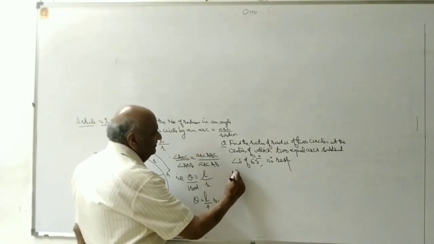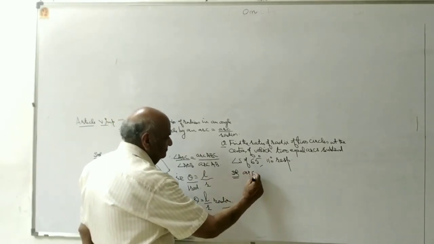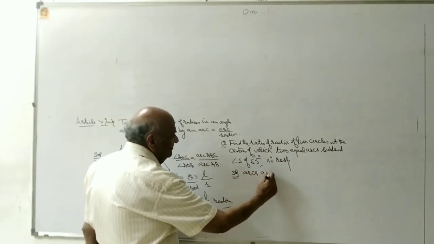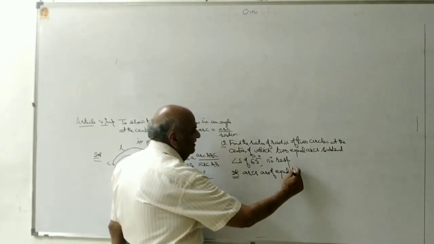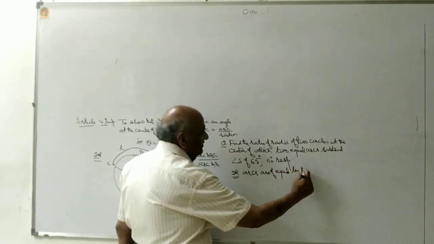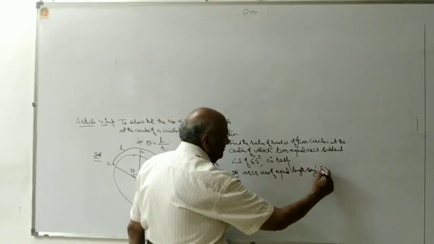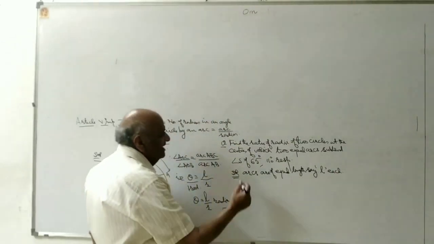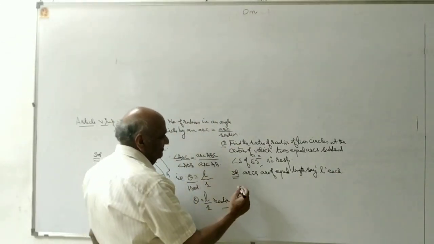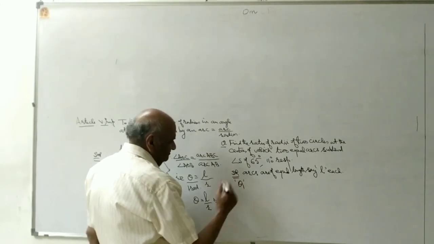Look, here the solution is: arcs are equal, of equal length, say L each. Now change the angles into radians. First, let us talk about theta 1.